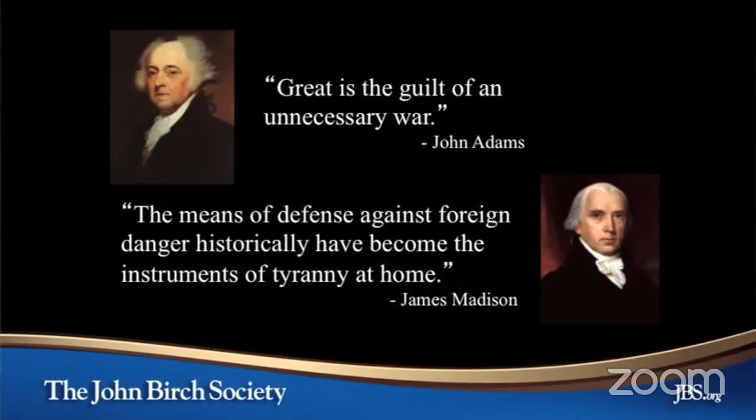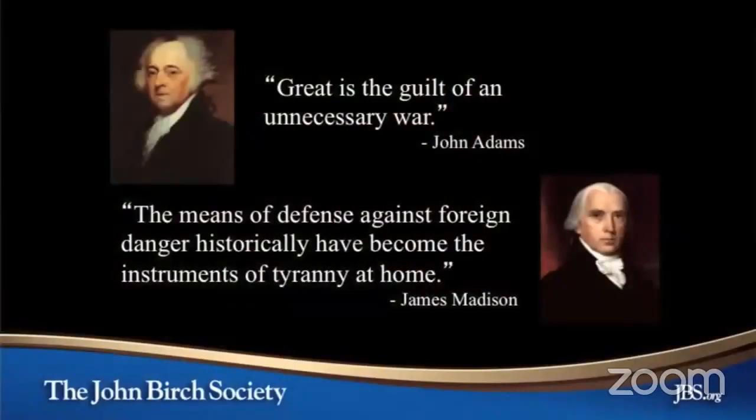In fact, in the Federalist Papers, James Madison goes through this in great detail, somewhere around Federalist numbers 25 through 29. He examines this problem of how do you, on the one hand, have enough military power ready to go to defend your nation against a foreign invasion at a moment's notice. And on the other hand, you don't have this powerful military at the beck and call of the president to use to enforce tyranny.